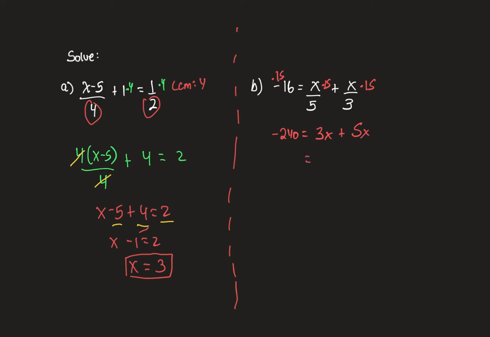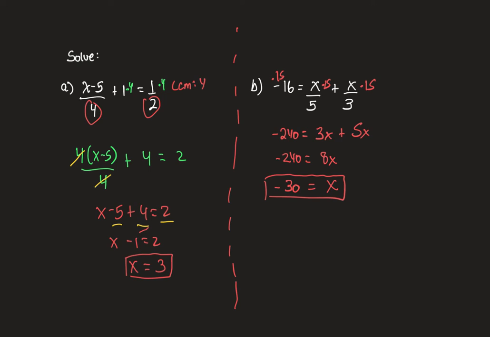Collect our like terms. This becomes 8x. This is still negative 240. Divide both sides by 8, so you have x is equal to negative 30. If this is the answer you got, you are fantastic and a rock star.